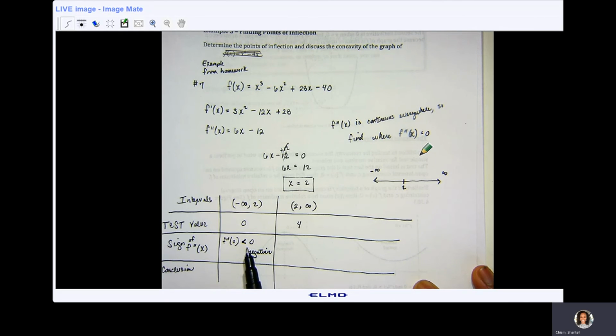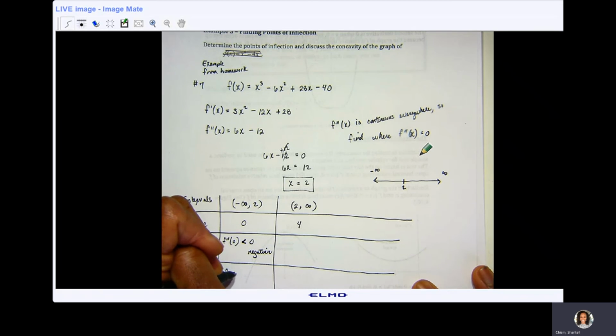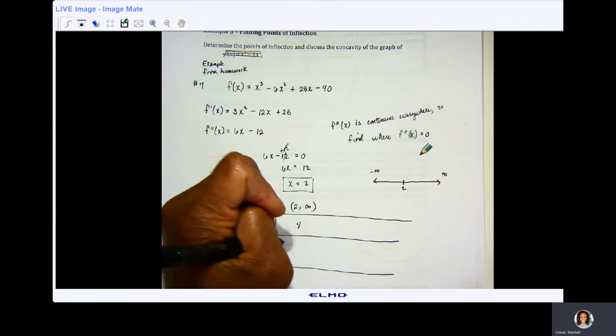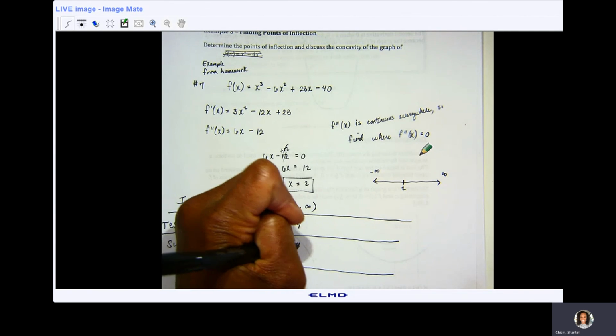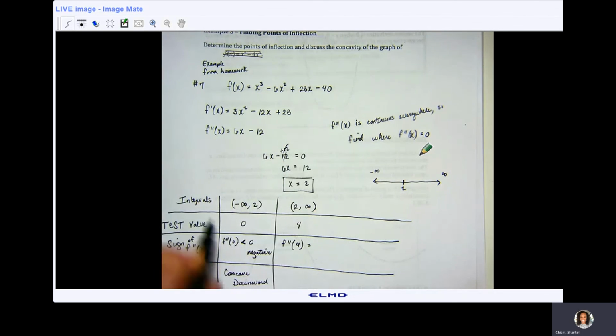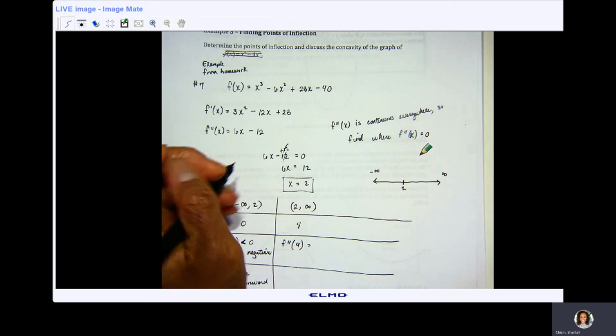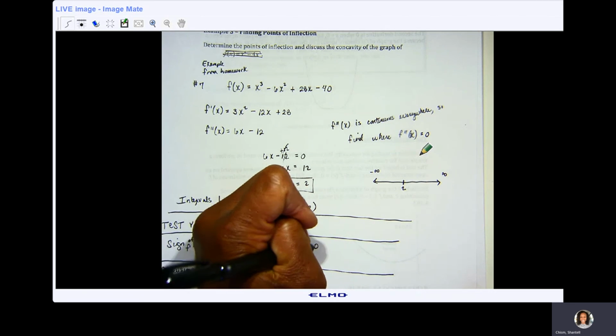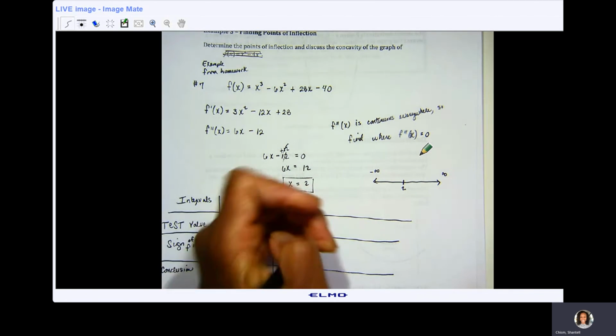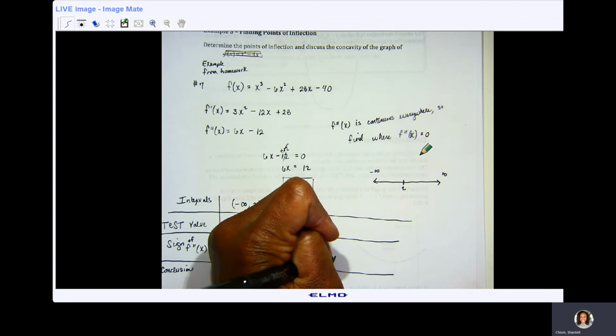Now that means my original function must be concave down there. Okay? Here, when I plug in 4 times 6 is 24 minus 12, that is positive. It actually gives me 12, it's positive.